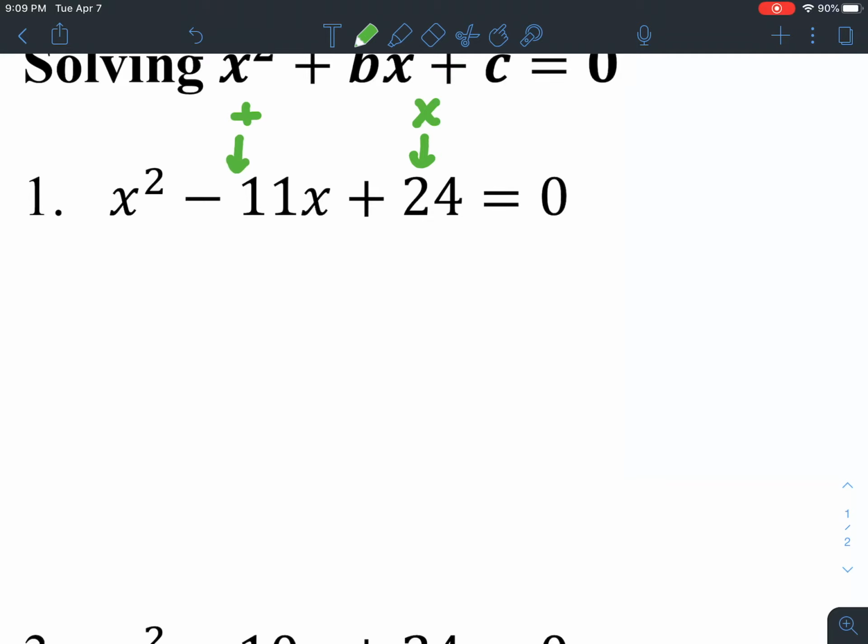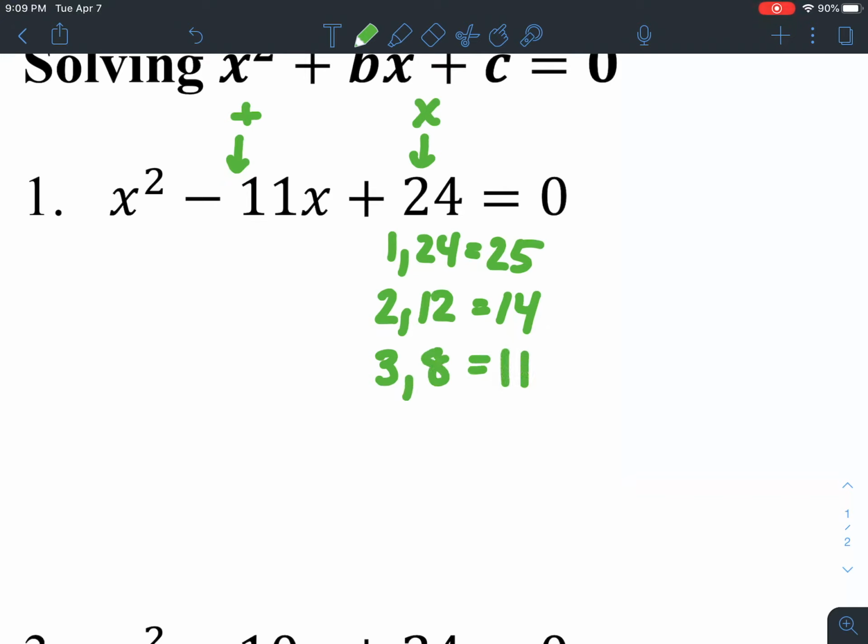So first thing we'll do is we'll think about our factors of 24. 1 and 24 add to 25, so that's not the case. 2 and 12 add to 14, so that's not good. 3 and 8 is 11, and we're very close. We wanted negative 11 right here.